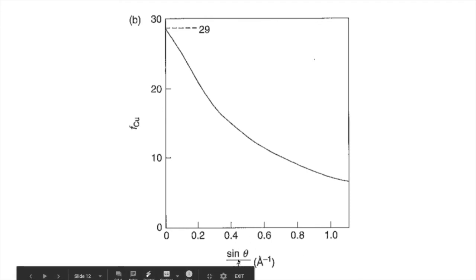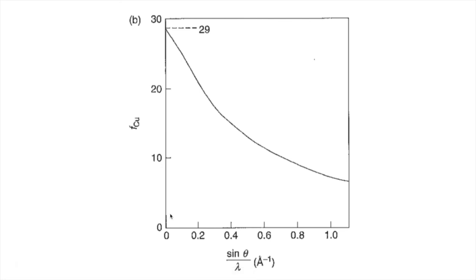Starting off at 0, which is what we call forward scattering, there is no relative phase difference introduced, so there's no destructive interference, it's just constructive.